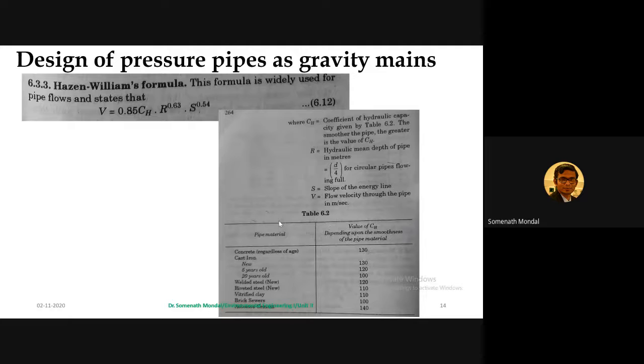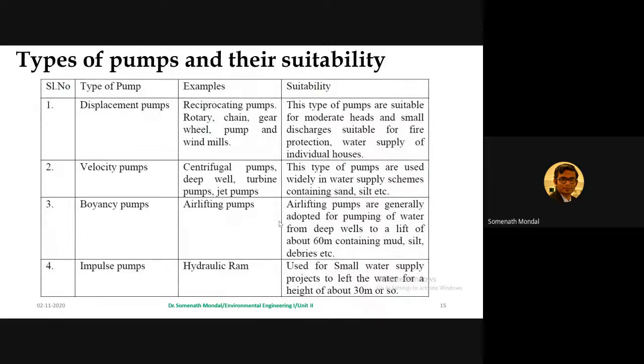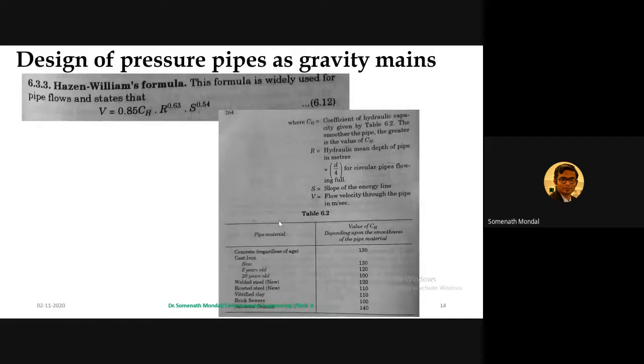So now I'll stop here, and in the next class we'll be discussing pumps. That is another very important component of the distribution system. There are a few numerical problems which we'll be discussing subsequently if time permits.